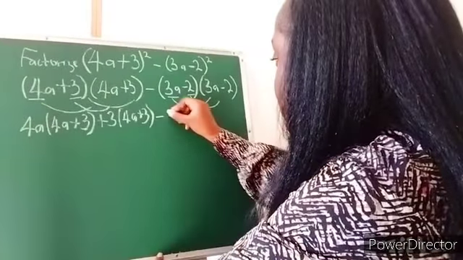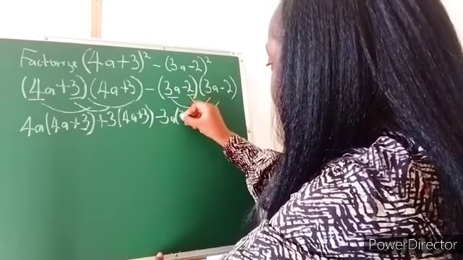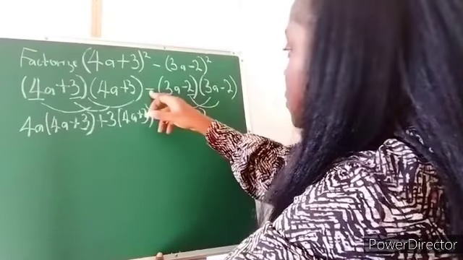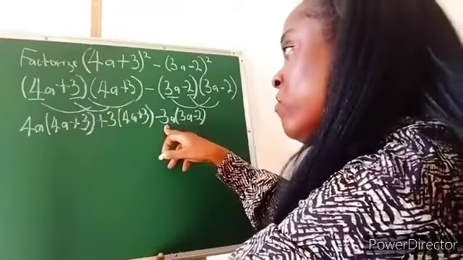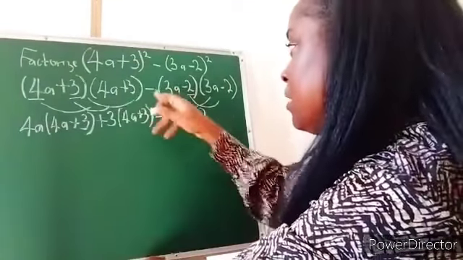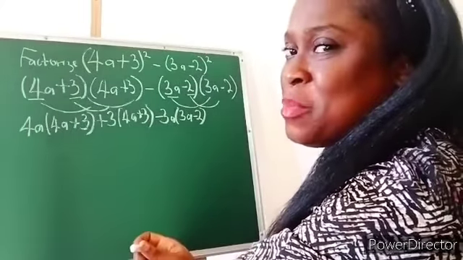So we say minus 3a bracket 3a minus 2. This minus now don come infect this 3a. This 3a no get minus, but this minus now don come infect am, don come be minus 3a. You see problem.